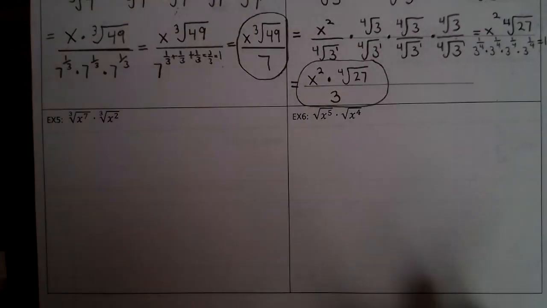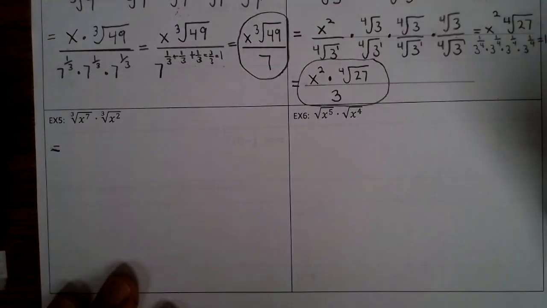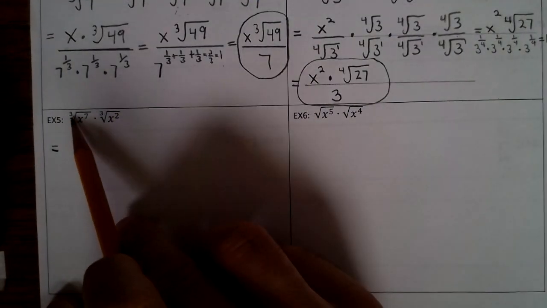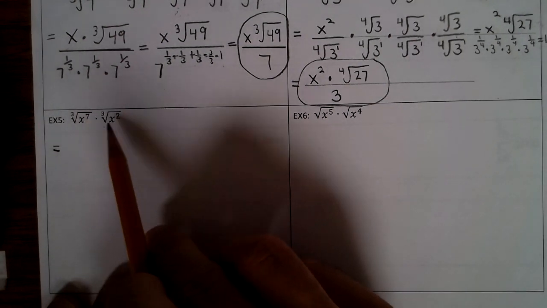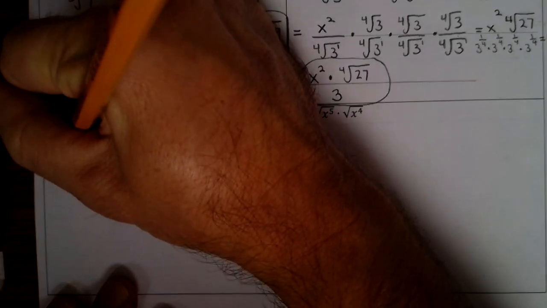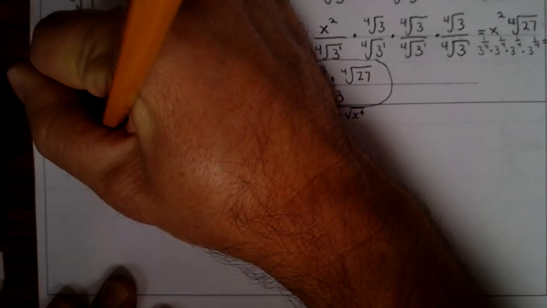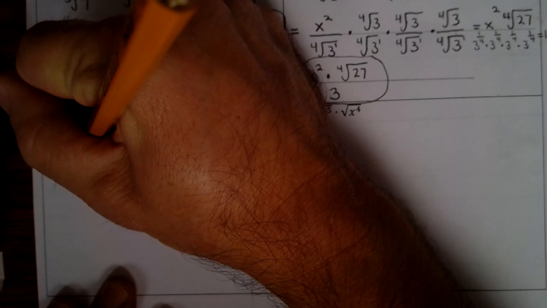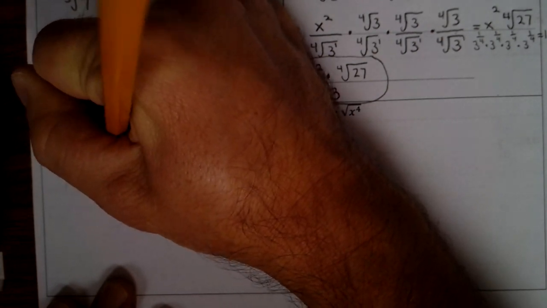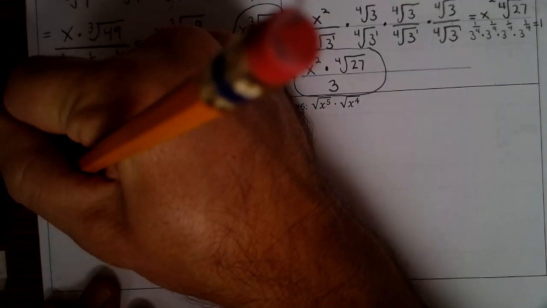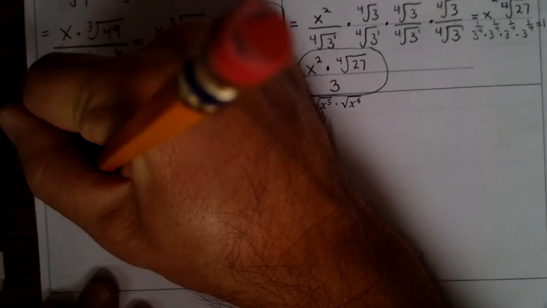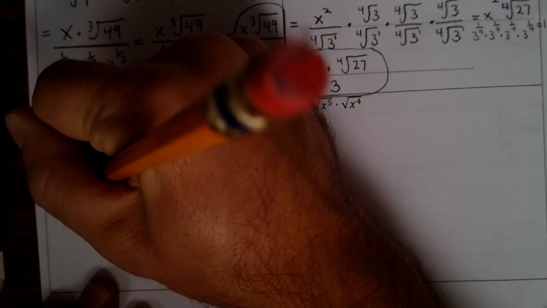Now, because they are the same roots, we multiply what's underneath, so that'd be the cube root of x to the 7th times x squared, which equals the cube root of x to the 7 plus 2, which equals the cube root of x to the 9th.